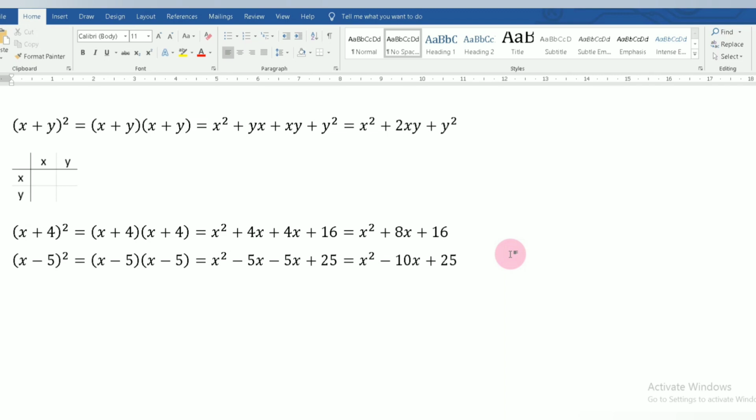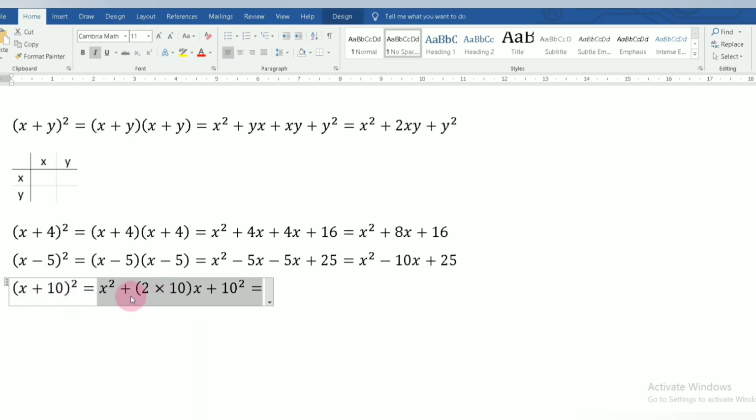By the same concept, (x plus 10) squared will be equal to x squared plus 2 times 10 of x. The coefficient of x will always be 2 times this number, and then the constant will be 10 squared. So you have x squared plus 20x plus 100.